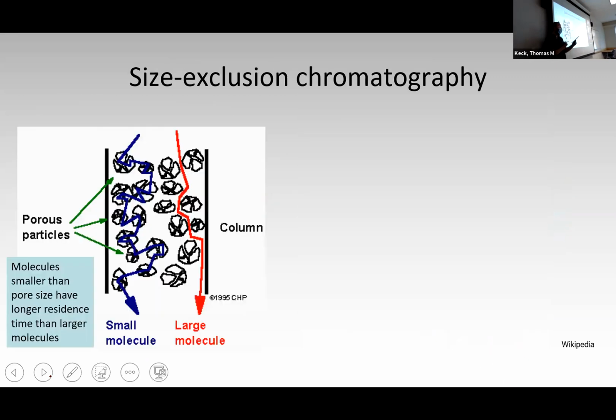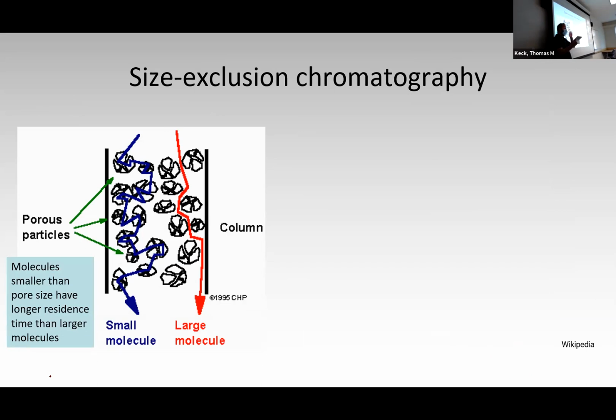Okay, so the simplest one is size exclusion chromatography. This is how you separate things by size, right? Ultimately, if you think about a molecule moving through a matrix, the more things it interacts with, the slower it's going to move, kind of bouncing along all the walls.